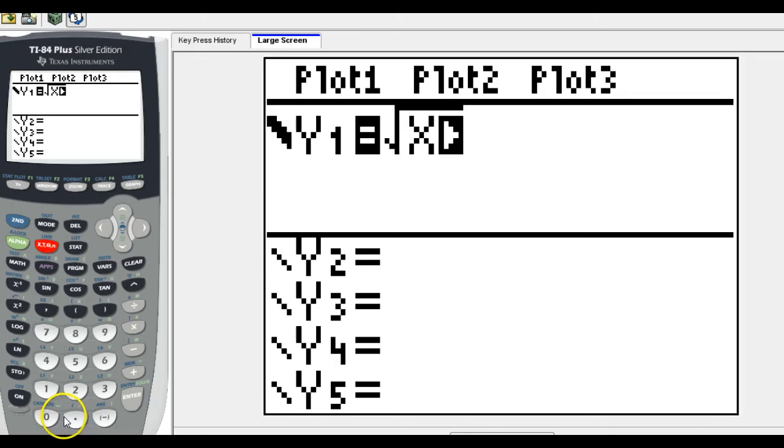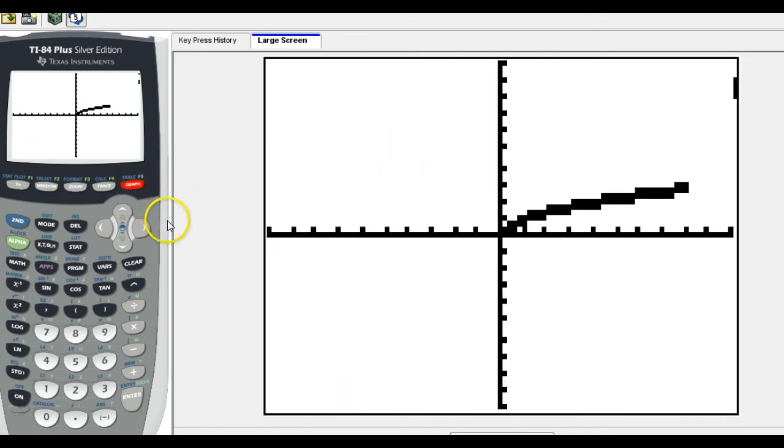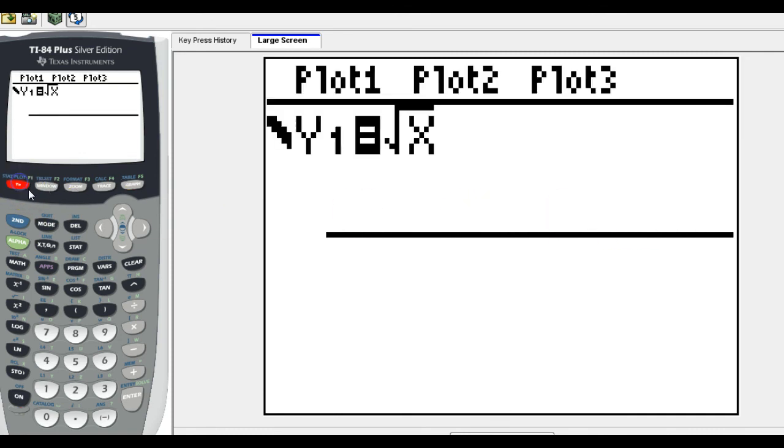Alright, just for some visual reinforcement, let's glance at this on the graphing calculator. If I look at the parent function, square root of x, there's that graph I was talking about.